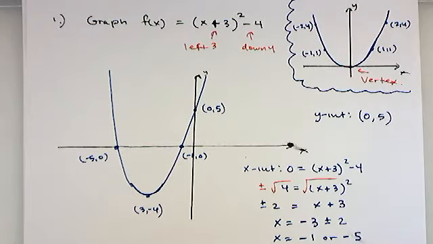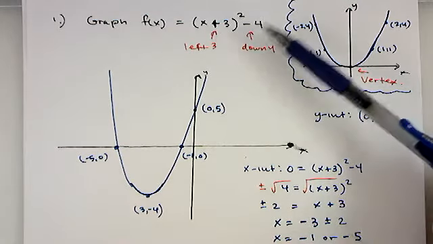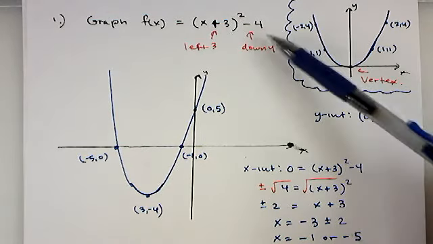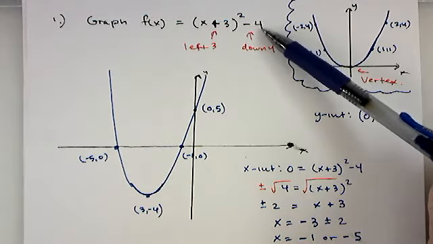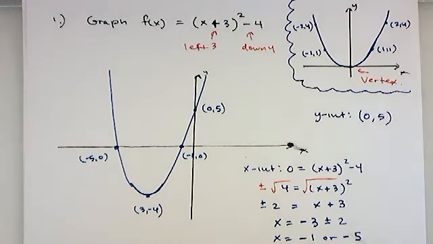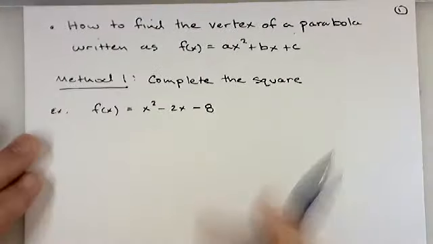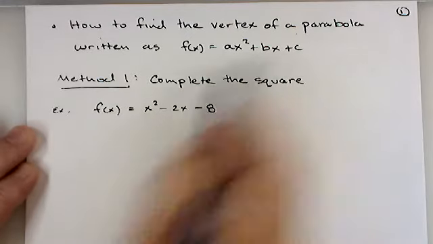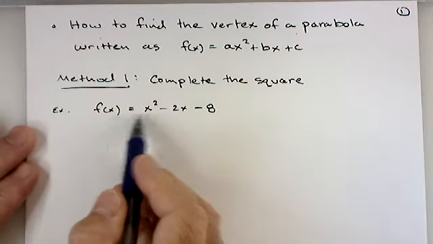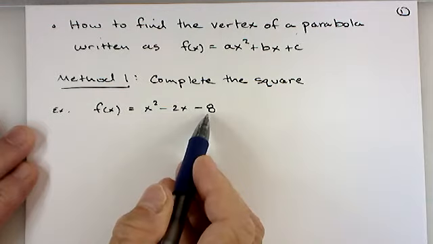Now, as you can see, it's not too terrible to graph a parabola using transformations if it's written in a form like this. But oftentimes when we encounter parabolas that we need to graph, they are not written in that form. They are written as something like this: f of x equals x squared minus 2x minus 8.